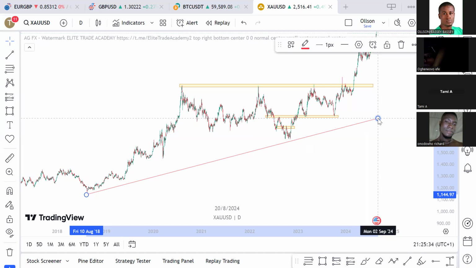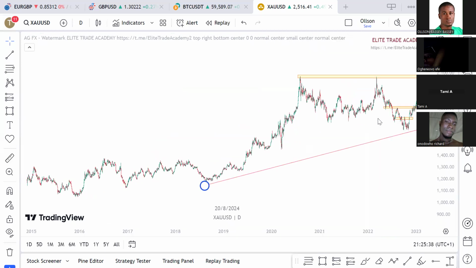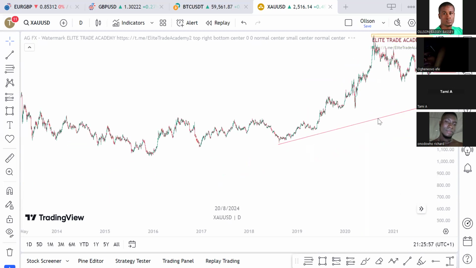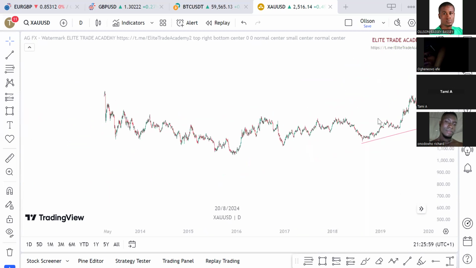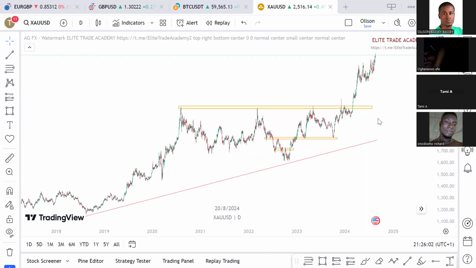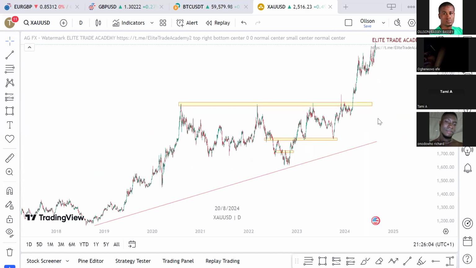In between, you wait for any of the sides to break out. If you wish to leave the market and don't want to trade it, you wait for any of the sides to break out. Or if you want to trade it, once you get to resistance or support, you draw your trend line, wait for confirmation, and trade it down to the other side, support or resistance. Okay, that's Professor Richard.